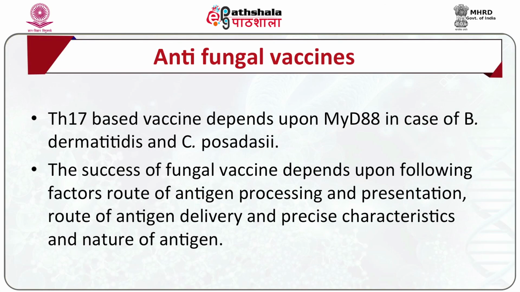Th17-based vaccine depends upon MyD88 in the case of B. dermatitidis and C. posadasii. The success of a fungal vaccine depends upon the following factors: route of antigen processing and presentation, route of antigen delivery, and precise characteristics and nature of the antigen.